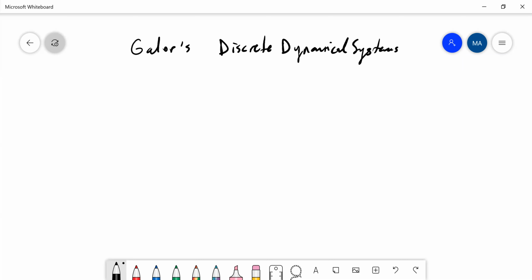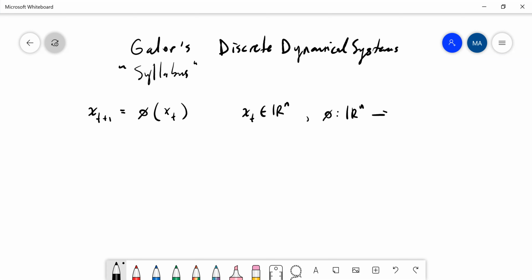By using his notation, and this is in the syllabus, by the way, so you can check, we're going to work on the global and local analysis of systems like this. So this is entirely his notation. So X(t) is a vector in n-dimensional Euclidean space. So you have more than one variable, and phi is a function or a mapping defined in this way.